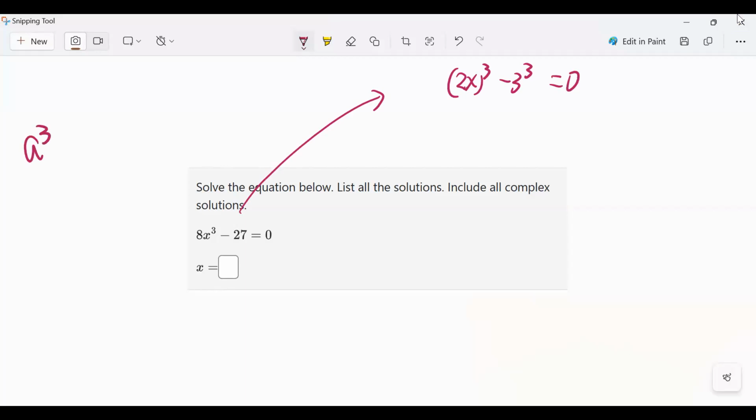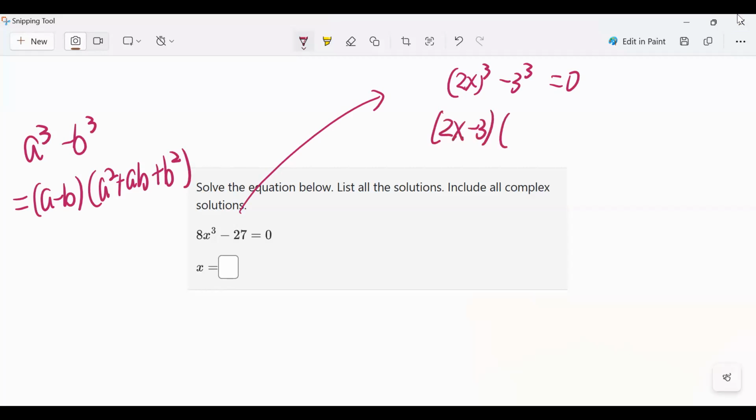Remember, a cubed minus b cubed equals a minus b times a squared plus ab plus b squared. So we do the same thing. a is 2x, b is 3. So this factors as 2x minus 3, and then 2x squared. I'm going to put in a square bracket.